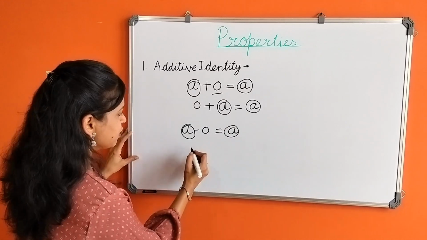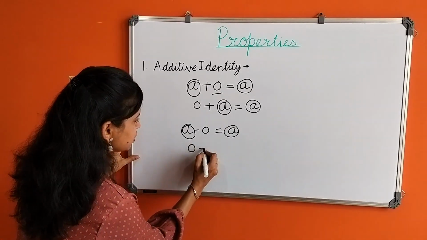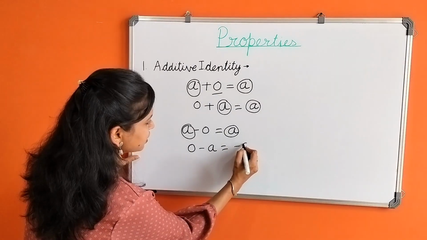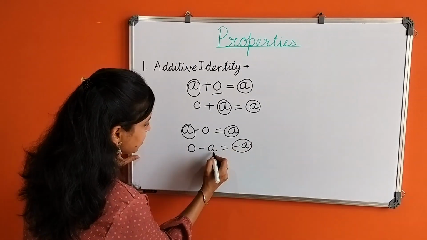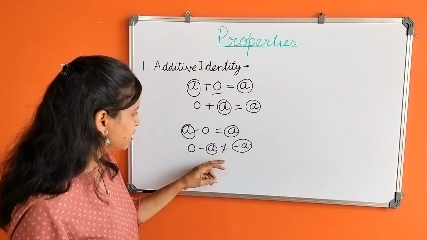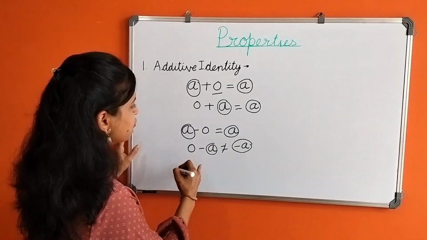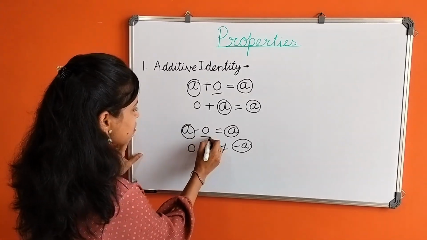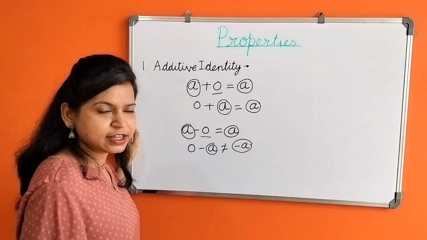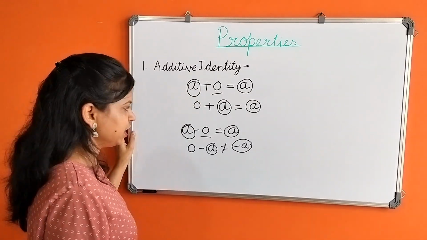But if we do 0 minus a, then the answer will be minus a. Okay. So for subtraction, 0 is not the identity. 0 is the additive identity for addition only.